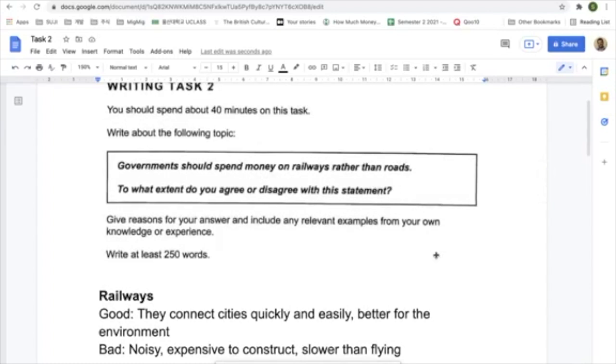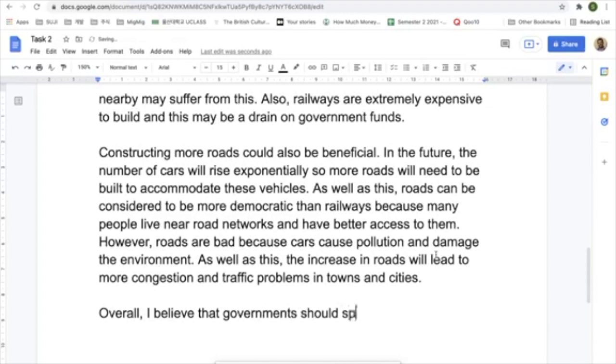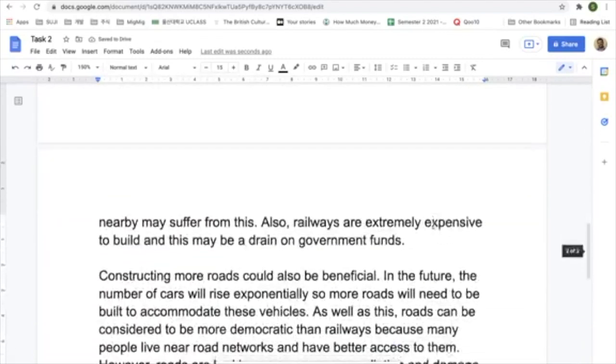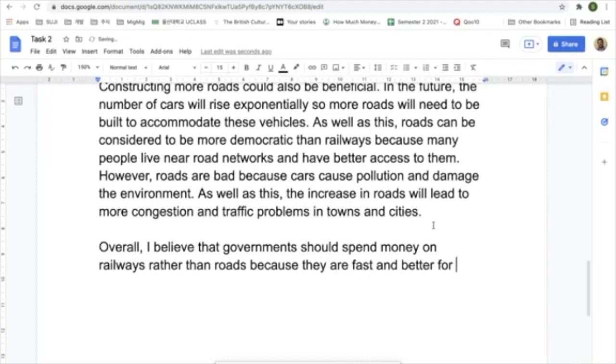Governments should spend, I believe that governments should spend money on railways rather than roads because they are fast and better for the environment. Okay, cool.